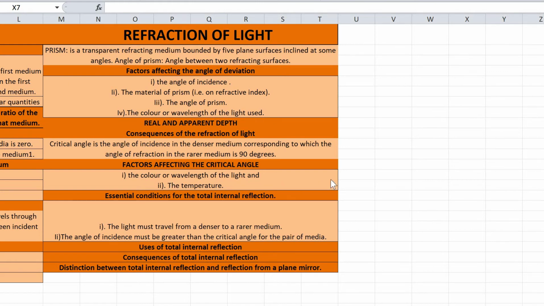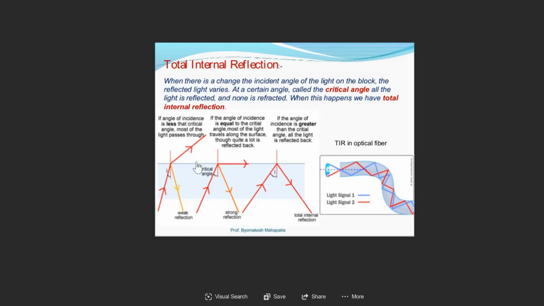Now when it comes to total internal reflection, we have to go to this image. See here, the total internal reflection, where there is a change in the incident angle of the light on the block. The reflected light varies at a certain angle called the critical angle. All the light is reflected and none is refracted.